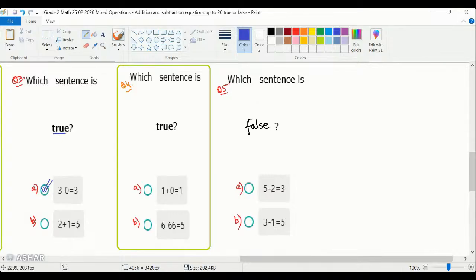Because 3 minus 0 is always 3. Perfect. Thank you.